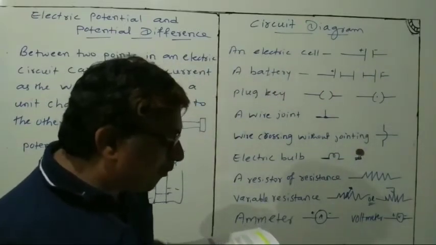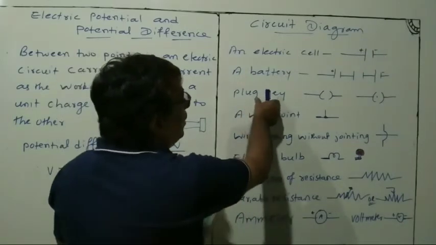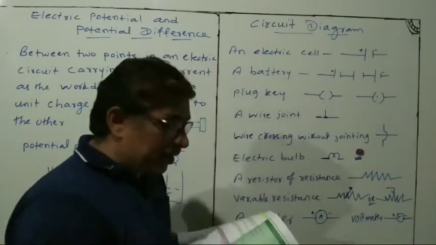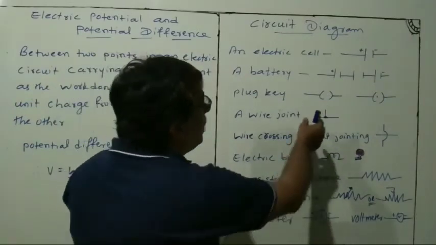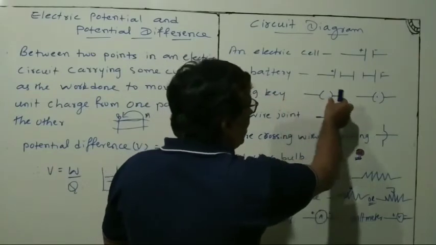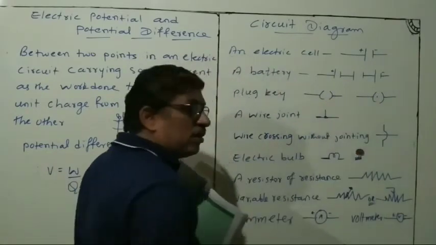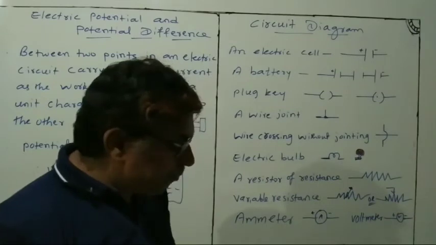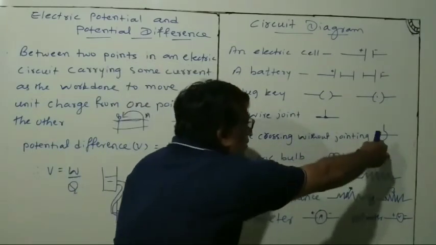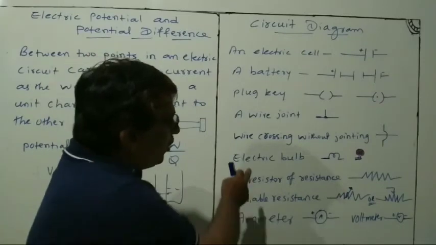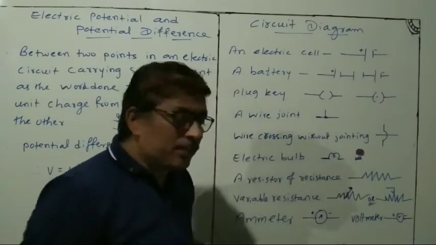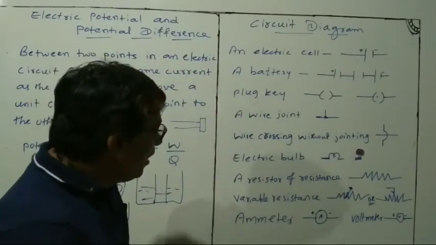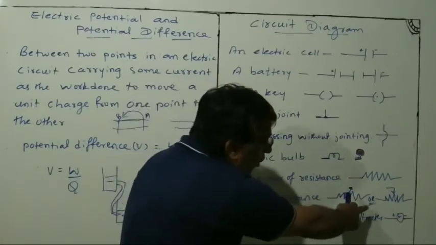Next is a plug key or switch, open and closed. Then a wire joint, and wire crossing without joining. Then an electric bulb, a resistor, and a variable resistance, each with its own symbol.